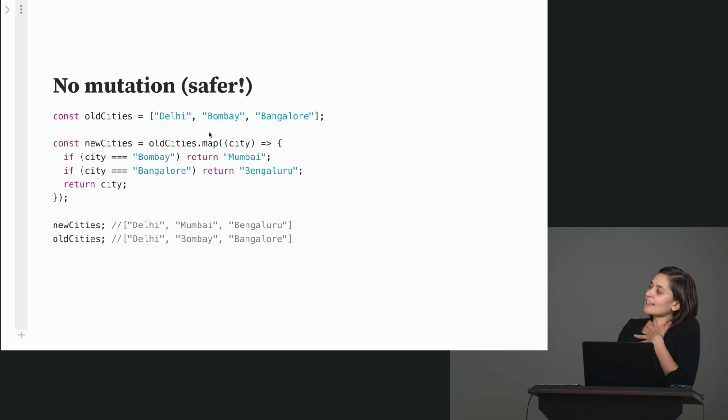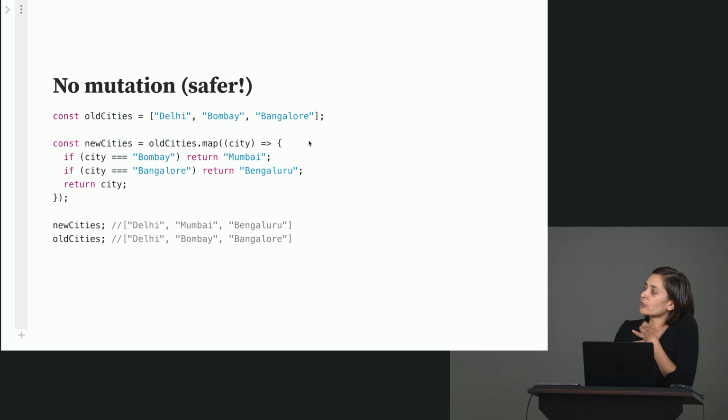We're going to take each thing in the array of the original old cities and then decide if we need to update it or not, essentially. And if we do, we will return the corresponding new value. So in this case, we're saying, okay, Delhi, yep, that's still Delhi, continue. Bombay, nope, new name, Mumbai. Bangalore, nope, new name, Bengaluru.